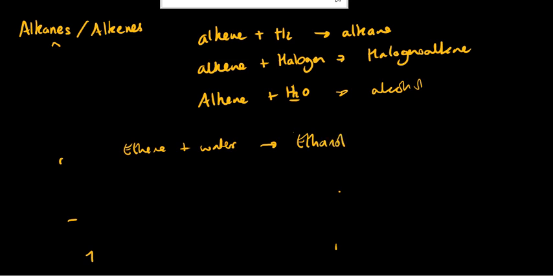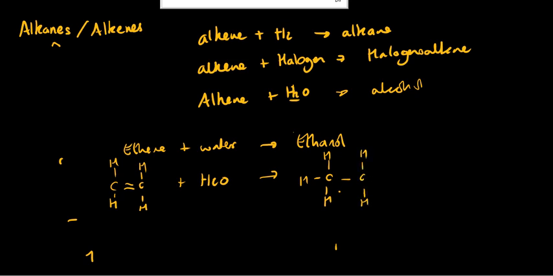So let's say ethene here, which if we can remember looks like so. Water, and my reaction is going to form ethanol, which has this formula CH and my OH group on the end like so, which is my functional group of my alcohol.